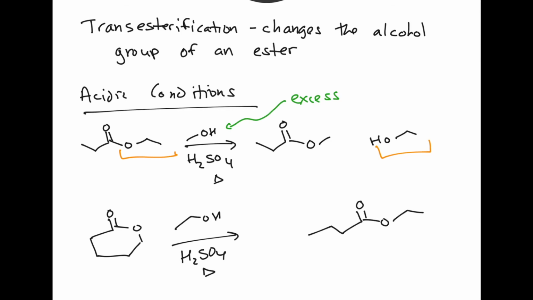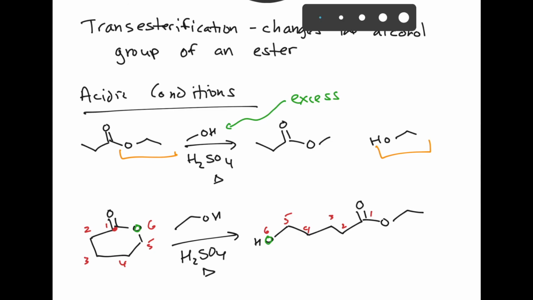And if we count out 1, 2, 3, 4, 5, 6, 1, 2, 3, 4, 5, 6, this oxygen right here in green is this oxygen here. So with a lactone, you're going to have your alcohol and your newly formed ester attached to each other. So the alcohol that you make from breaking the ester and doing the transesterification is still attached to your ester.